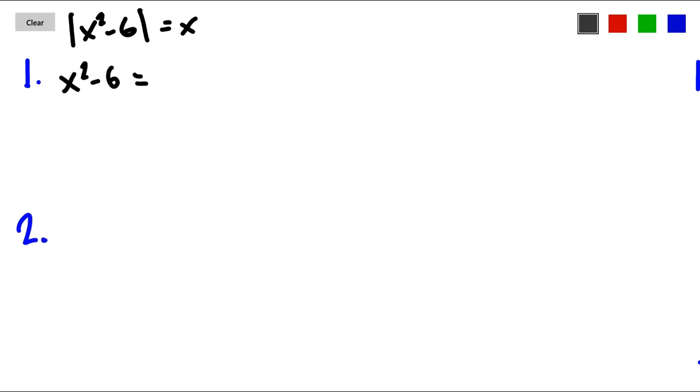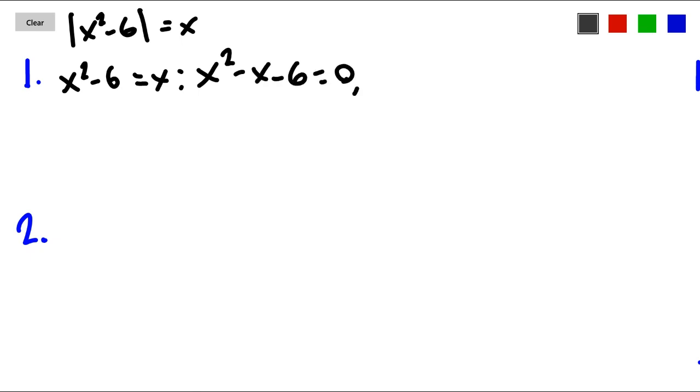So I have one last example, and let's say that the absolute value of x squared minus 6 is equal to x. So we're still going to have two equations to solve. And the first one is just going to be x squared minus 6 is equal to x. So the first thing that I can do is move the x over to the other side. So I have x squared minus x minus 6 is equal to 0.